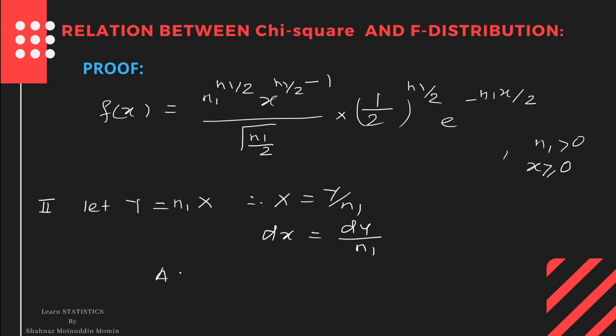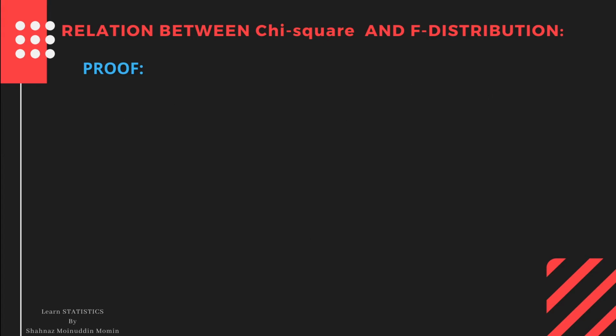As x greater than equal to 0, this will imply y also greater than equal to 0. Therefore by the theorem of univariate transformation of random variable, the PDF of y is given by g(y) is equal to f of x multiplied by absolute value of dx upon dy.